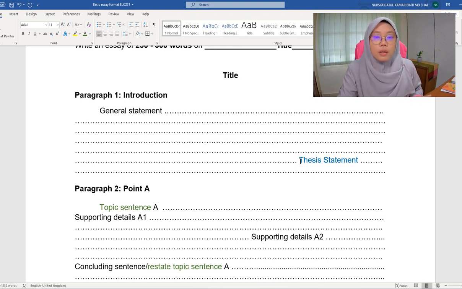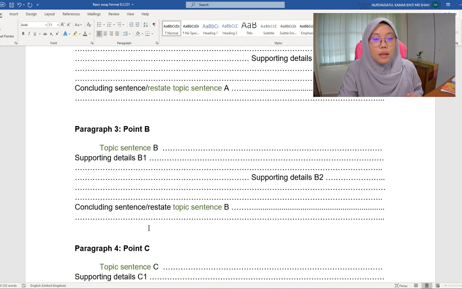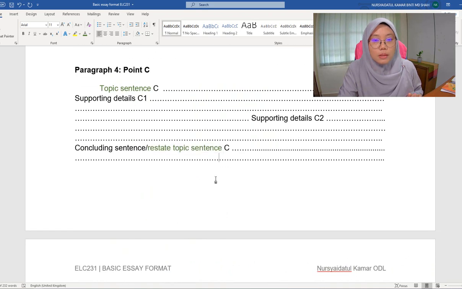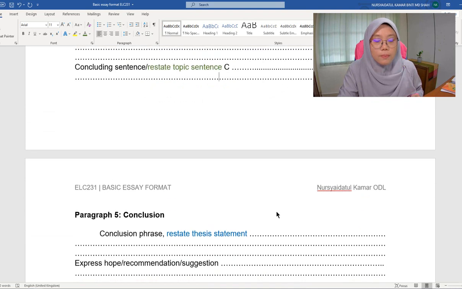Okay, a good thesis statement. And then we are going to learn also about how to write a topic sentence, followed by supporting details. Okay, topic sentence, and then again by restating the thesis statement.